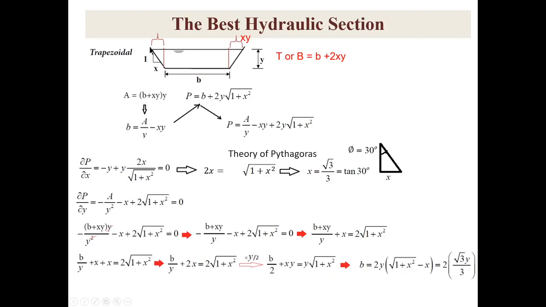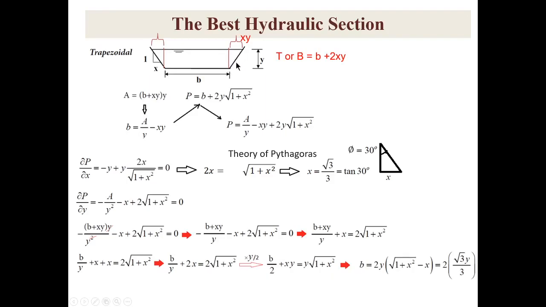And what is the wetted perimeter? This is our wetted perimeter. Yes, wetted perimeter equals b plus 2 times this length. So we should find the length of the sides. To find it, you know that this is y, and this side equals xy. Therefore, you can use the Pythagorean theorem to calculate the hypotenuse, or this length.